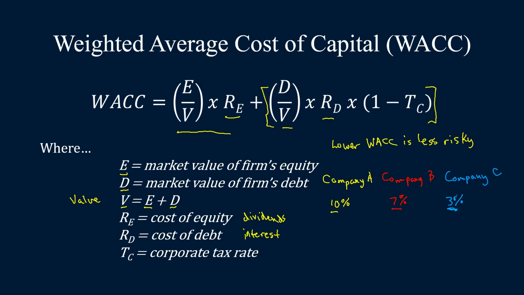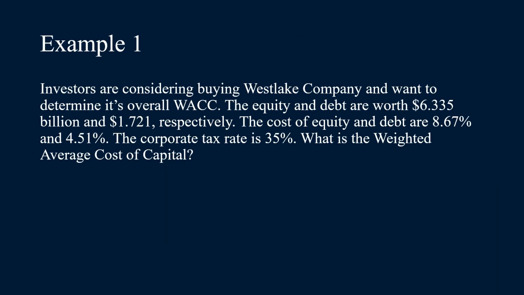On the other hand, if the WACC happens to be extremely high, so for example, instead of 10%, we have a 20% WACC compared to other companies in their industry, then that might suggest that they're spending way too much money on debt and equity, and it might not be a good thing in the long term. All right, well, we're going to go ahead and do the formula. So let's go to the next slide, and we're going to work on a couple of examples.